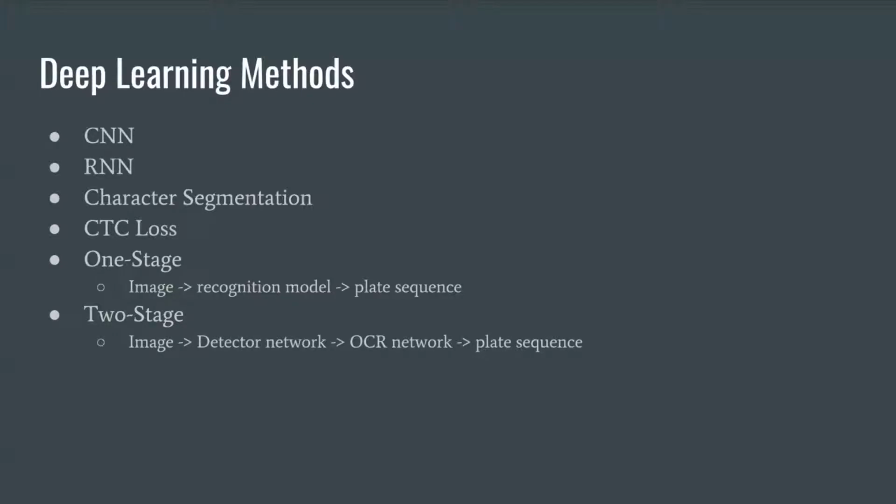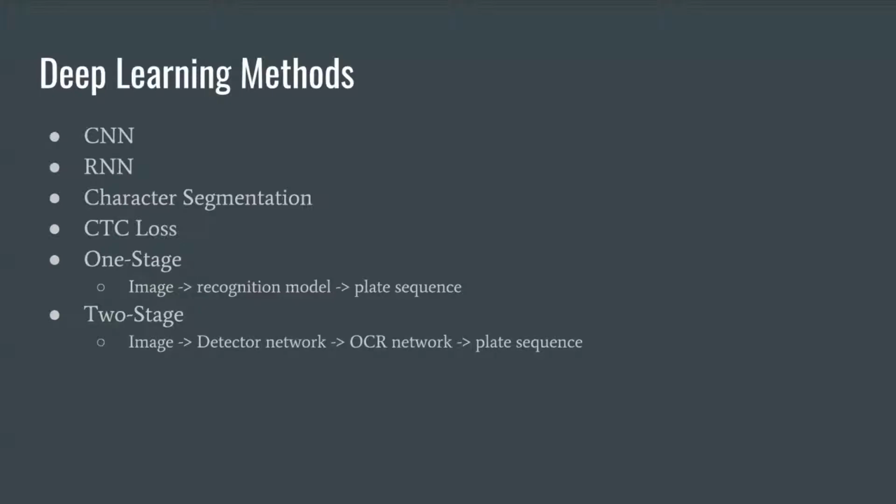We saw in the literature that there are two main approaches to solving automatic license plate recognition: one-stage approaches and two-stage approaches. So we actually tried to implement both of them and see which one worked best. The one-stage approach involves passing an image into one large network that does both detection and recognition, sums their losses for multitask learning, and then outputs a final plate sequence.